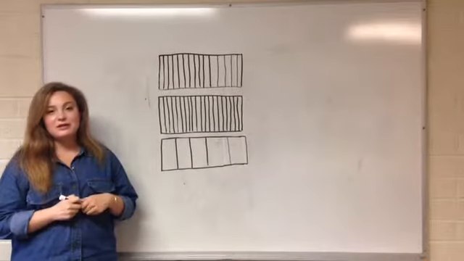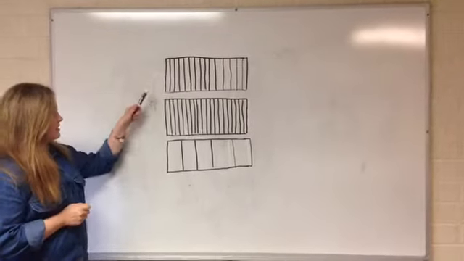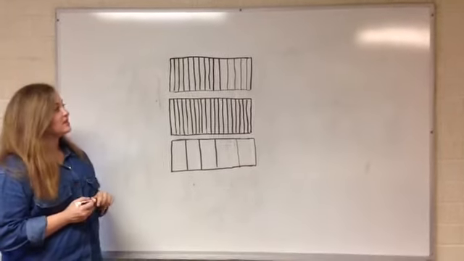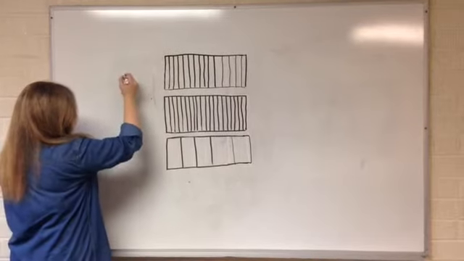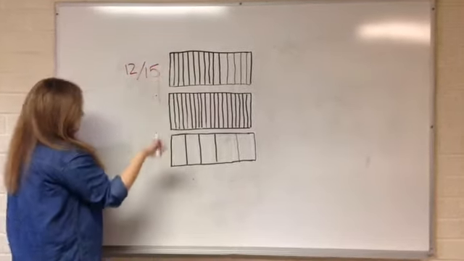Okay, so now we're going to use a diagram to do the challenge problem. Each of these bars equals one whole, but they're all cut up into different sized pieces. So this one right here has 15 pieces, and we're going to shade in 12 out of the 15 pieces.